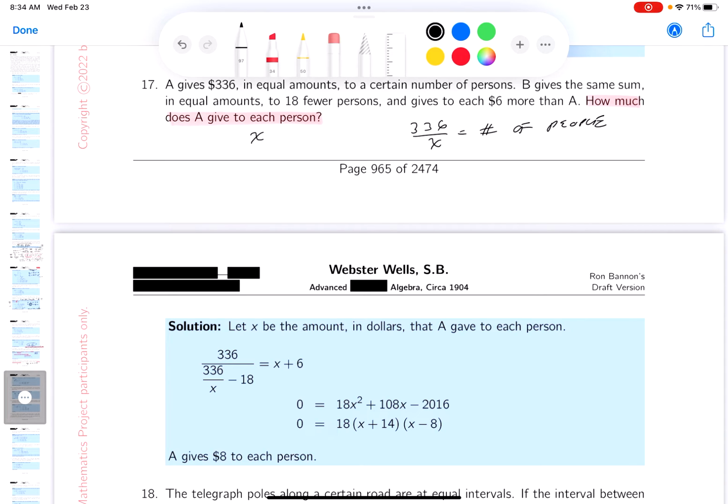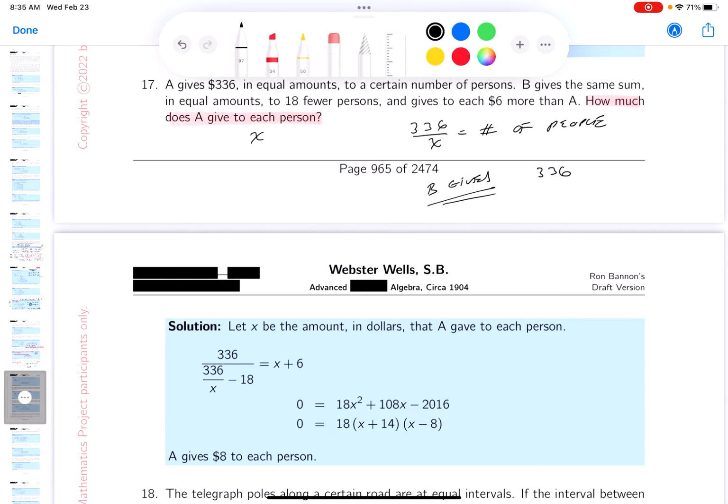B gives the same sum in equal amounts to 18 fewer people. So what does B give? B gives the same sum. What's the sum? It's still 336.